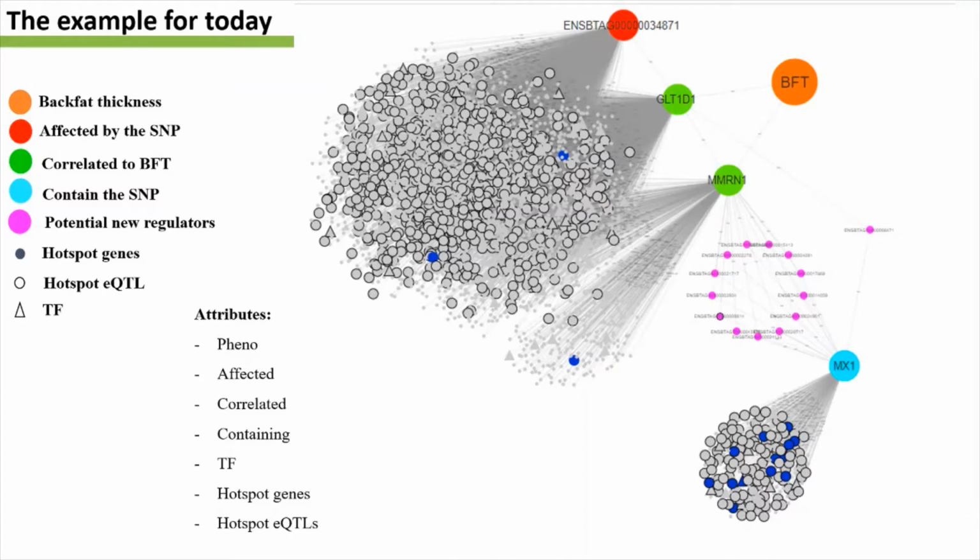And in pink, we have new possible regulators that showed up after we did the network.